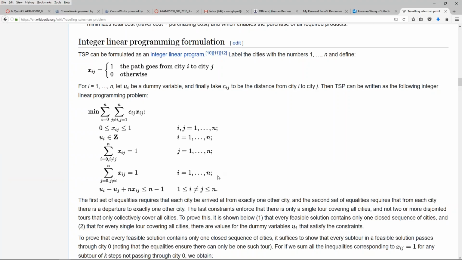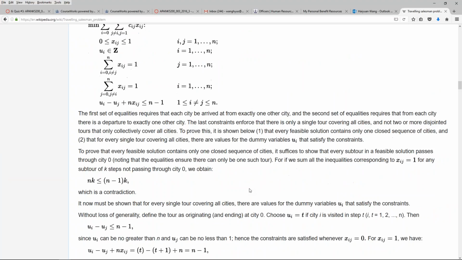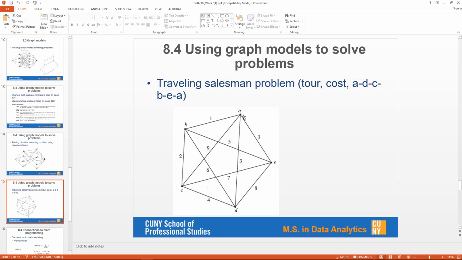And then on top of that, the last function is rather difficult to understand, and I don't think I would be able to explain it clearly at this point of time. But in general, the basic idea is trying to avoid a subtour, so that there's no case where you visit A, E, C and then think, okay, you've visited all of them already.